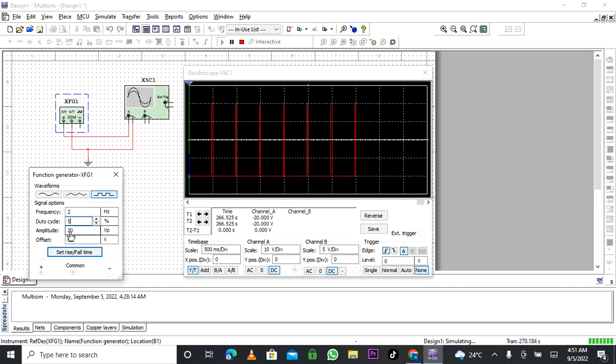Actually, go ahead and change our scaling as well.